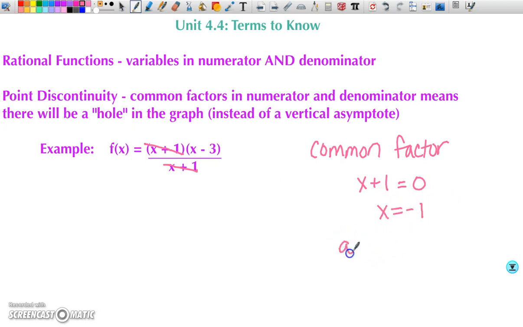So at x equals -1, we'll have a hole in the graph. So this graph will actually look like a line, but then once you hit -1 at x, it'll keep going like this, but it'll just have this hole in it. And that right there is the point discontinuity.